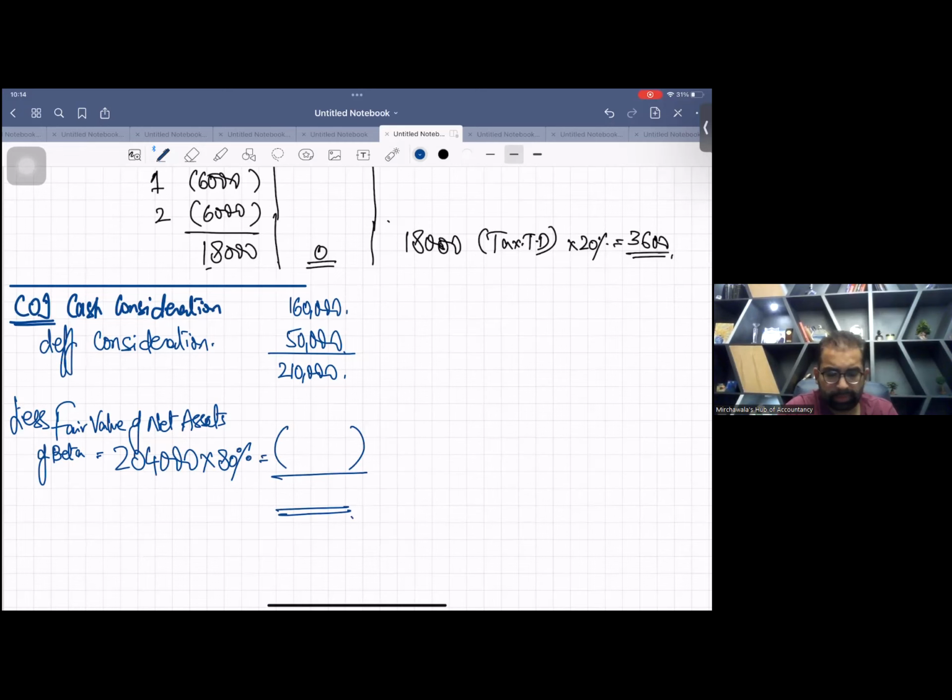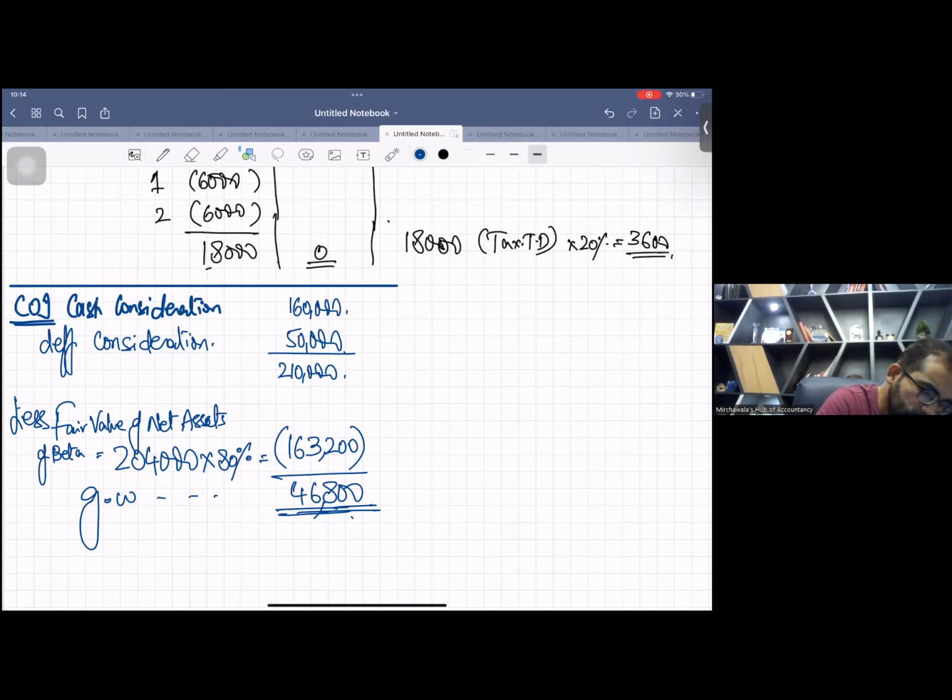So 204,000 times 80%. 46,800 is the goodwill. Very simple. The first thing is done.